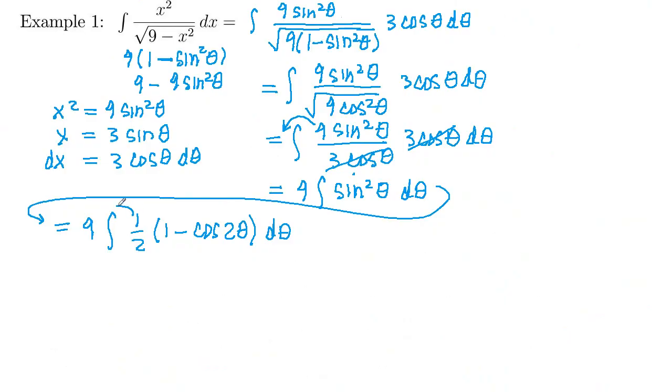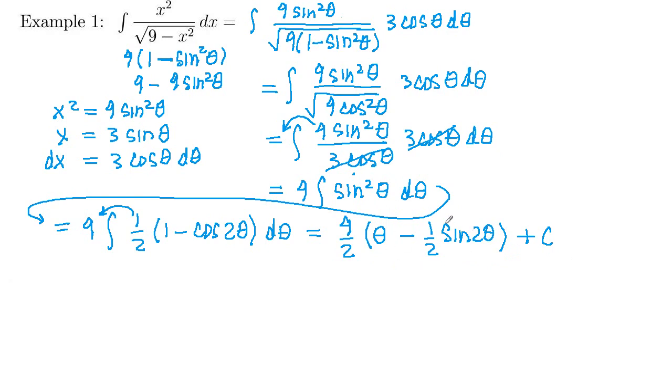The 1/2 we can bring out in front, so we'll have a 9/2 out in front. The antiderivative of 1 with respect to theta is theta. The antiderivative of cosine 2 theta is sine 2 theta, and instead of multiplying by 2, the derivative of the inside, we divide. So 1/2 sine 2 theta, and then plus a constant. And so we've done our antiderivative, our indefinite integral.